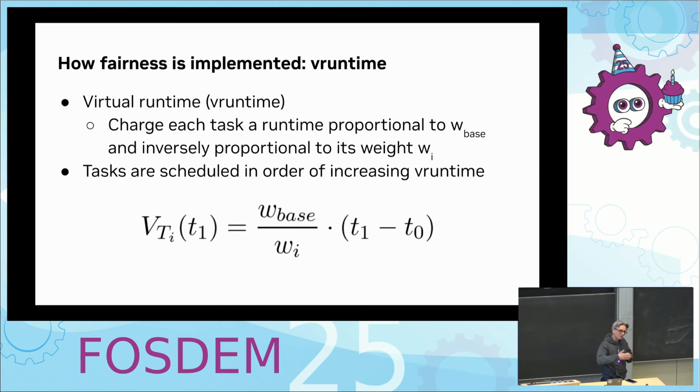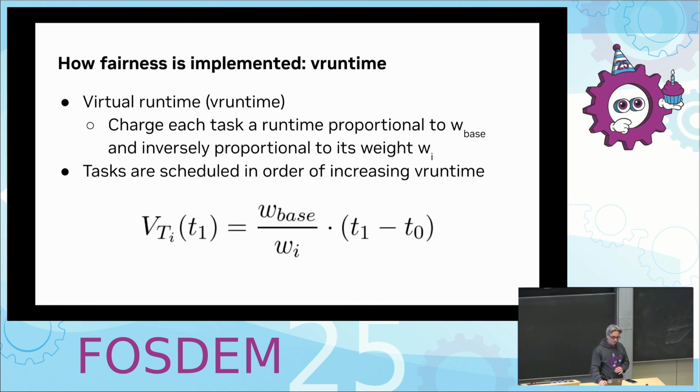So if the time is going slowly for a task, it would be scheduled more often than another that has a smaller weight, because its accounted time will be bigger than the others. Basically, that's the idea. And you can play with priorities when you set the nice of a task. This is what happens under the hood.